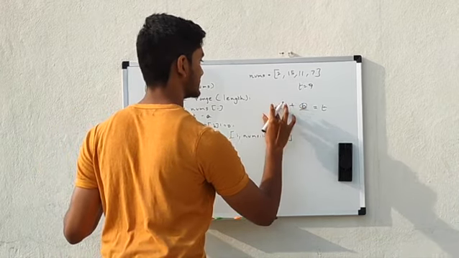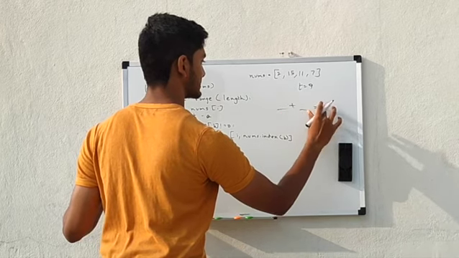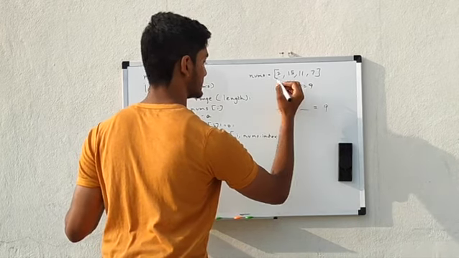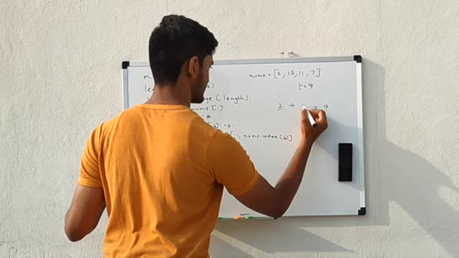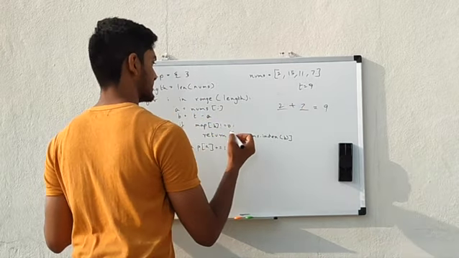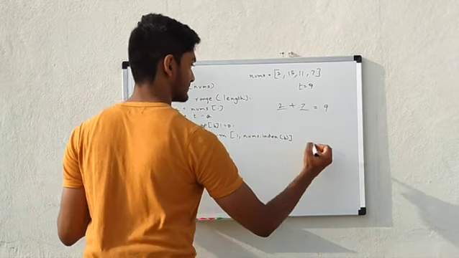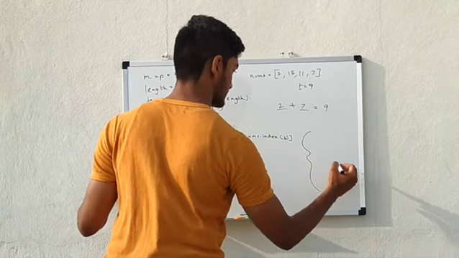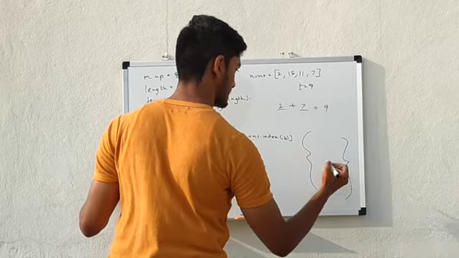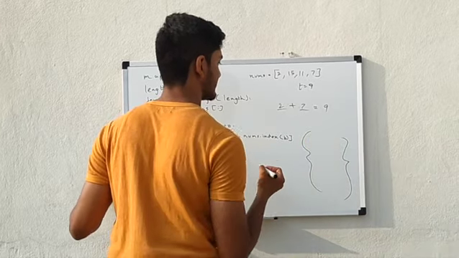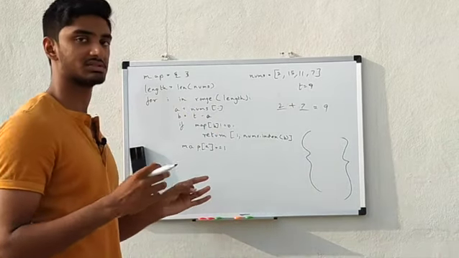What is the answer for the first iteration? The target is 9, and a is 2, so b is 7. Let's draw the map here. Currently the map is empty, so 7 is not in the map.